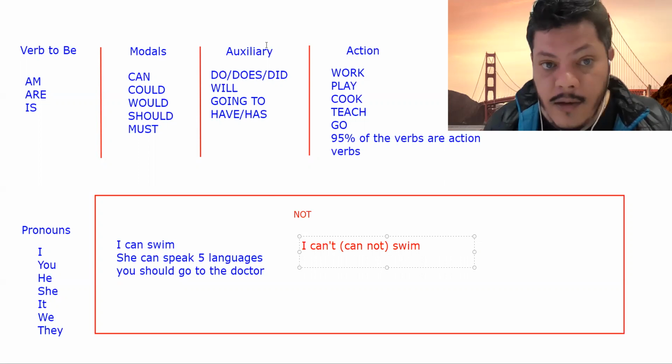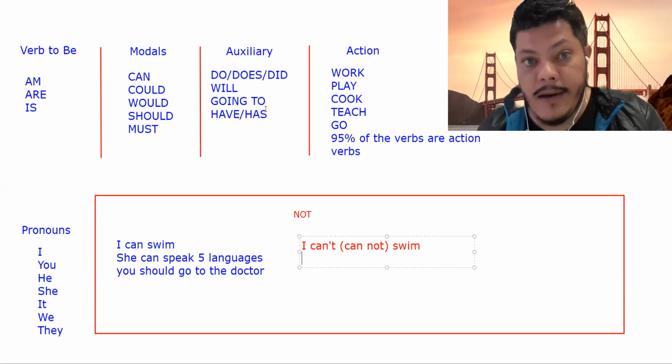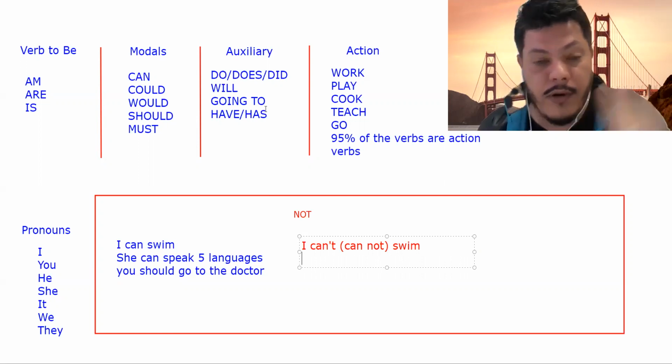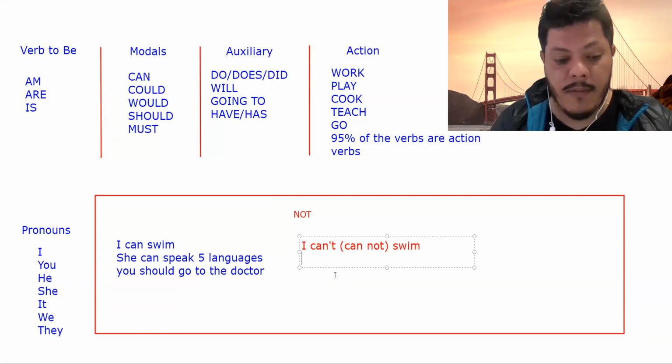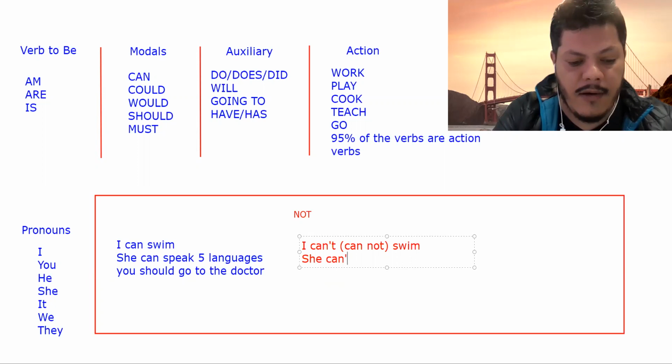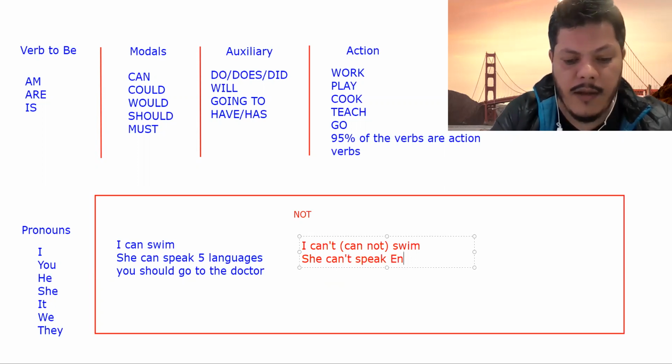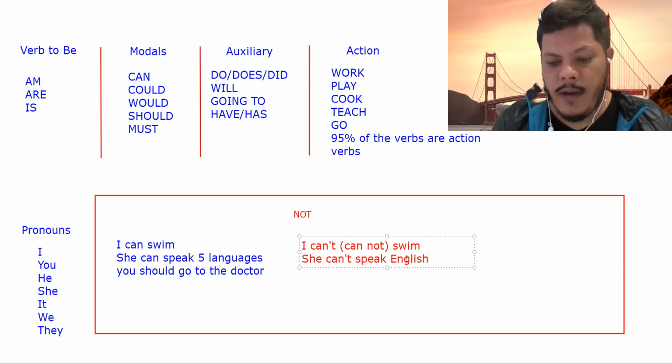You do not use auxiliary verbs here. You cannot say I don't can swim or I don't should. Never. If you have modal verbs, follow the same rule of the verb to be. I can't swim. She can't speak English, for example, right?